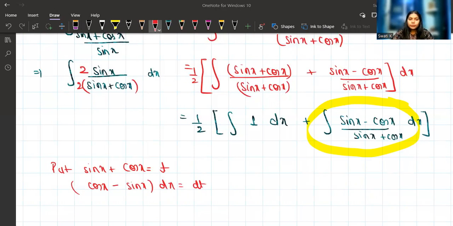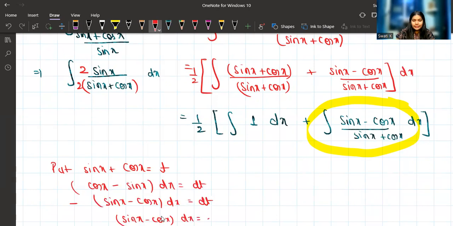Now here what I'm going to do, I am going to take the minus sign common. So if I take the minus sign common, it will become sin x minus cos x dx equals dt. So from this, I can also write that sin x minus cos x dx equals minus dt, right? So now let us simplify this integration. So this is 1 upon 2.